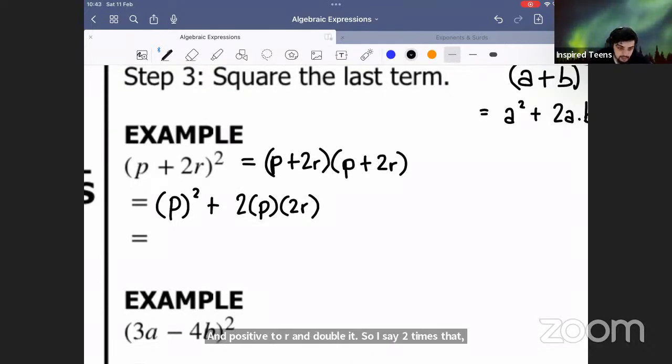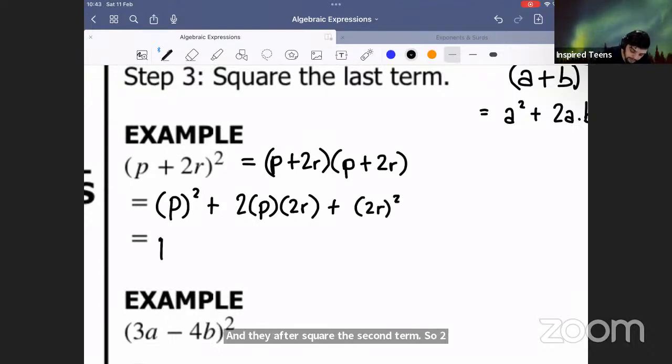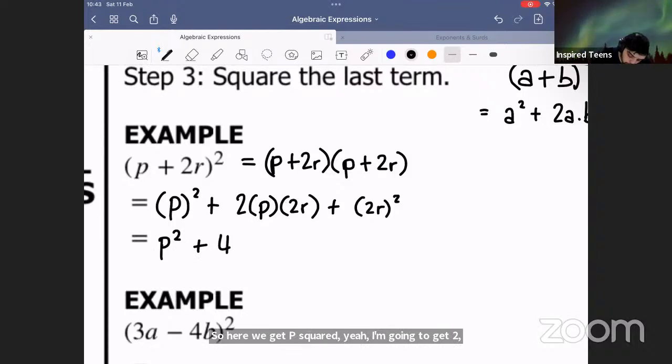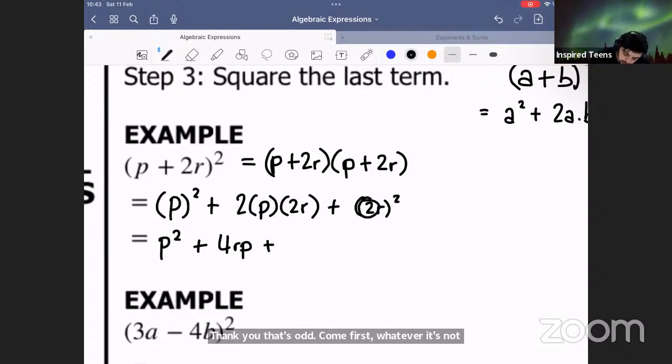And thereafter, square the second term. So 2r squared. So here we get p squared. Here I'm going to get 2, actually 4, because it's 2 times 2. 4pr. I think, does r come first? Whatever, it's not English. Plus square the number, square the variable, 4r squared.